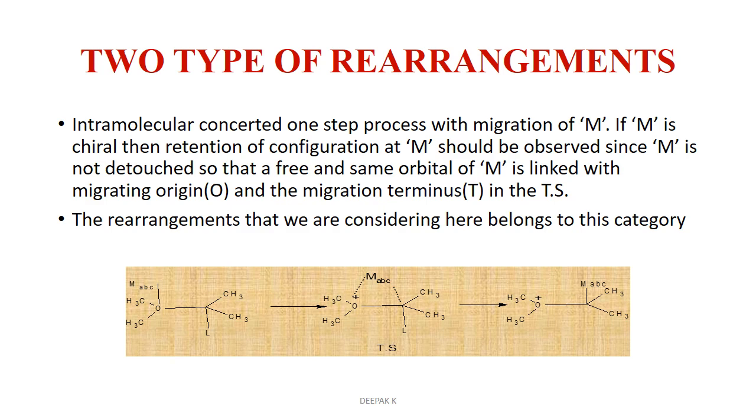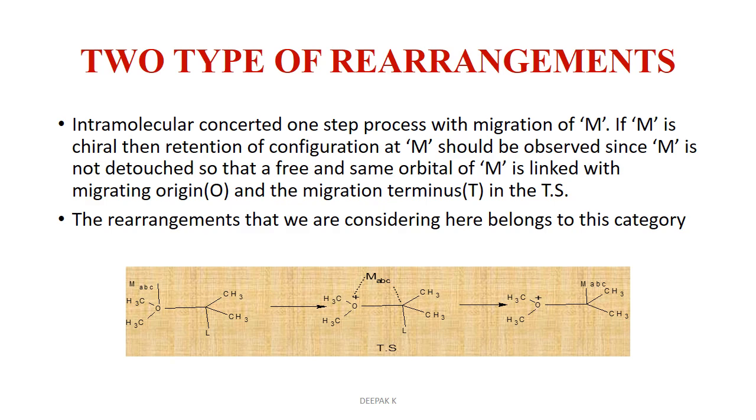That is, the group is migrating from O and attaching to the migration terminus. But what is happening in the intermediate? A transition state is formed. So in order to form the transition state, what does it mean? The lobes of the MABC, which is attaching to both the migration origin and migration terminus, will be the same, right?